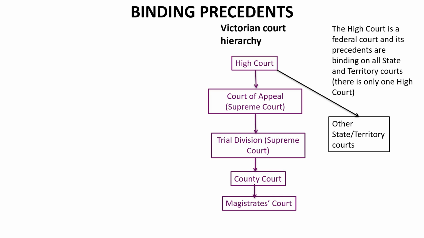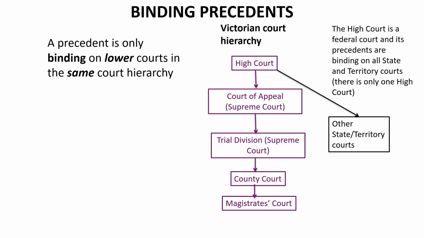Remember that precedent is only binding on lower courts in the same court hierarchy. This is why, for example, High Court precedents are binding precedents for all the other courts in the Victorian court hierarchy. The High Court is the highest court in the Victorian court hierarchy, and all the other courts in that court hierarchy are therefore lower than the High Court.